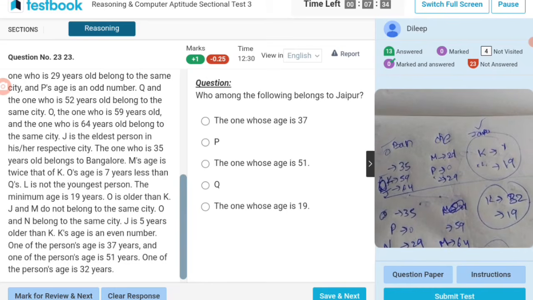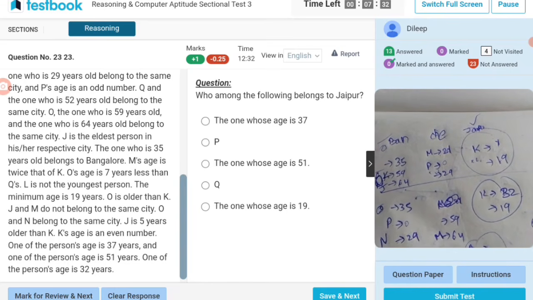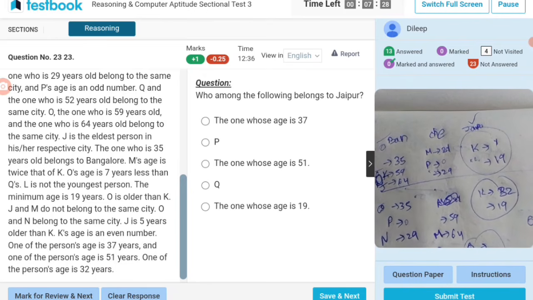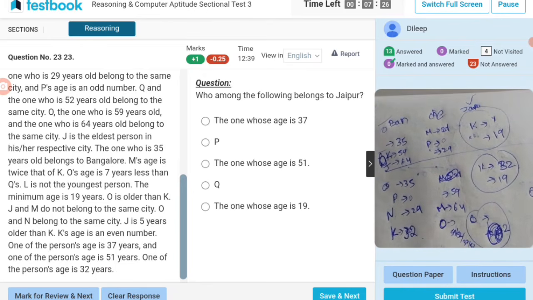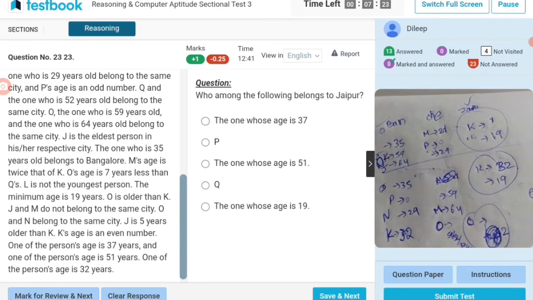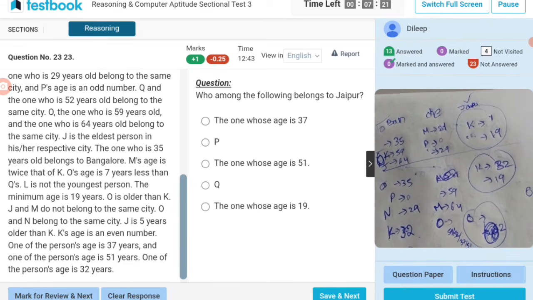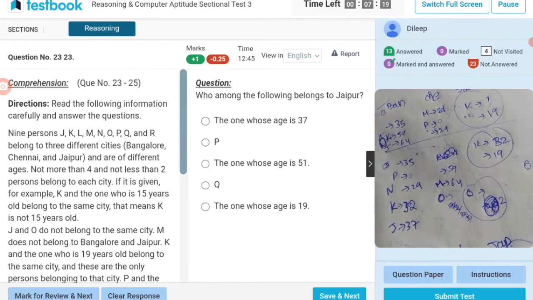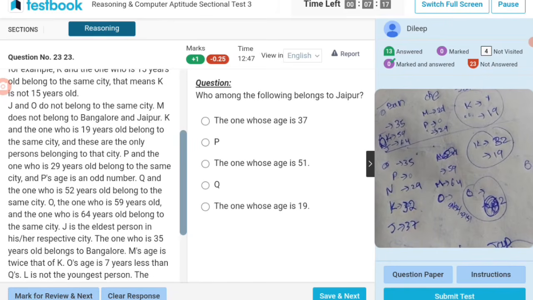So here M is 64 and K is 32 and 19. So this is not L. So J is 37. J and O not belong to the same city.